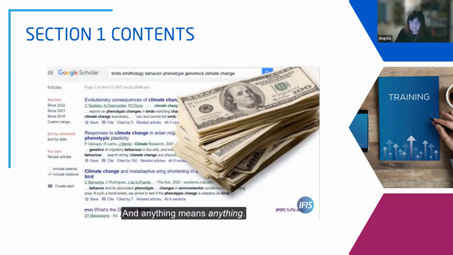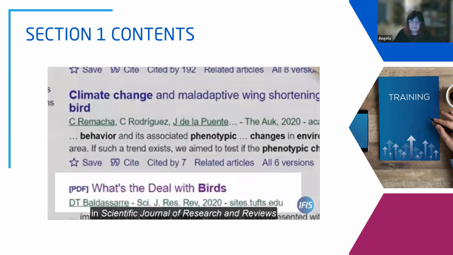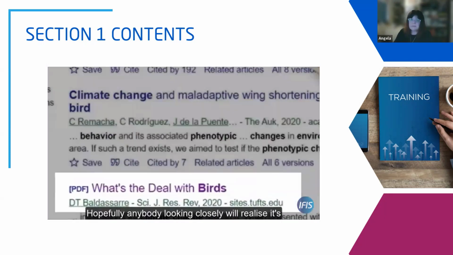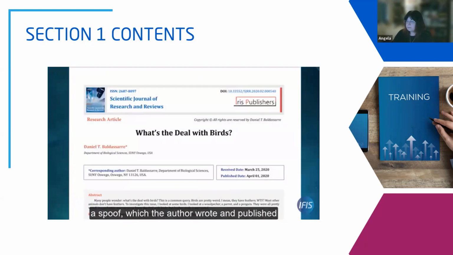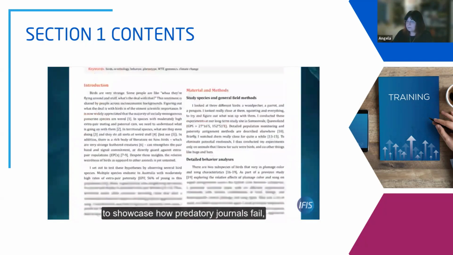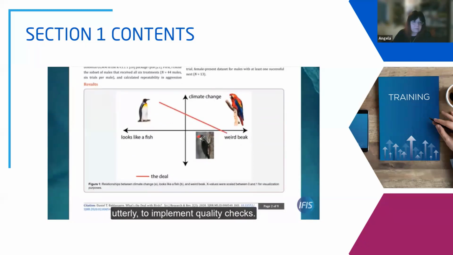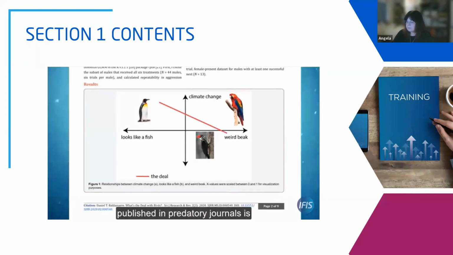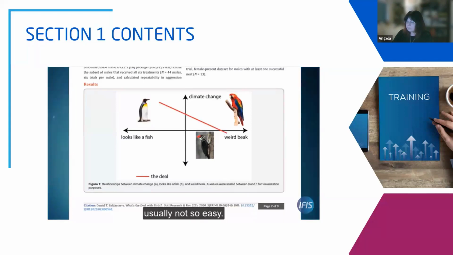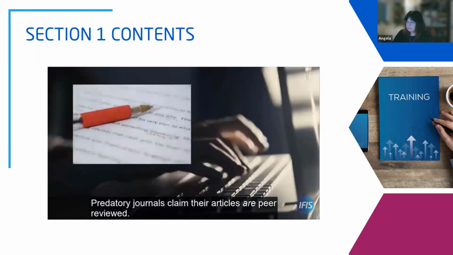And anything means anything. On Google Scholar, we find this article published in the Scientific Journal of Research and Reviews. Hopefully anybody looking closely will realize it's a spoof, which the author wrote and published to showcase how predatory journals fail utterly to implement quality checks. The big problem, though, is that spotting articles published in predatory journals is usually not so easy. Predatory journals claim their articles are peer-reviewed.